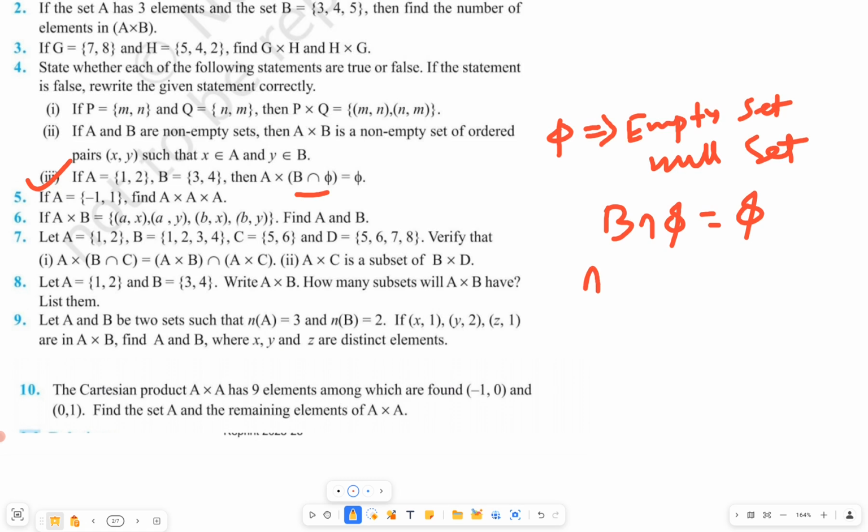For A cross phi there is no element, so obviously phi. That is correct.